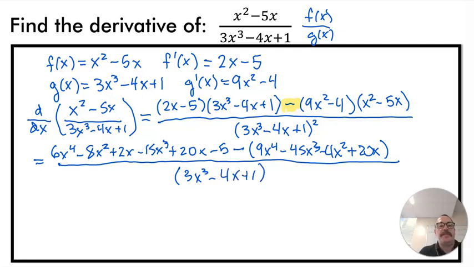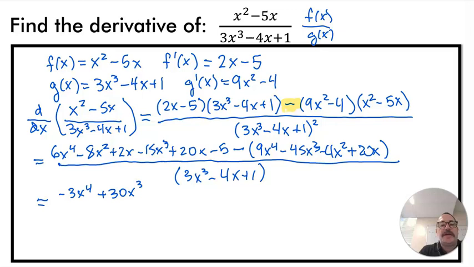All right, so up top, not a big deal. 6x to the 4th minus 9x to the 4th is negative 3x to the 4th. And then x cubes are going to come next. Negative 15x cubed minus negative 45x cubed, so plus. If I take negative 15x cubed and I add 45x cubed, I get positive 30x cubed.